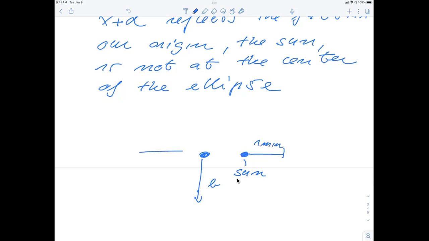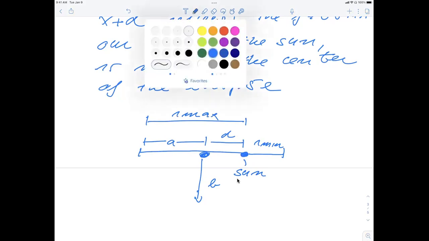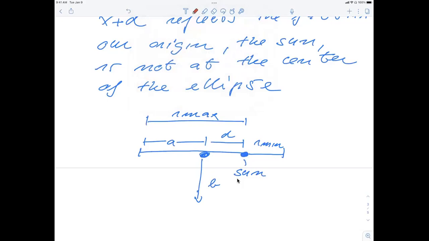Then we have a distance over here, which contains a from this point to here, and then a new distance here, which is d. Now, this whole distance is what we called r max on Wednesday. So when we make a plot of the full thing, we would have something which goes like that.